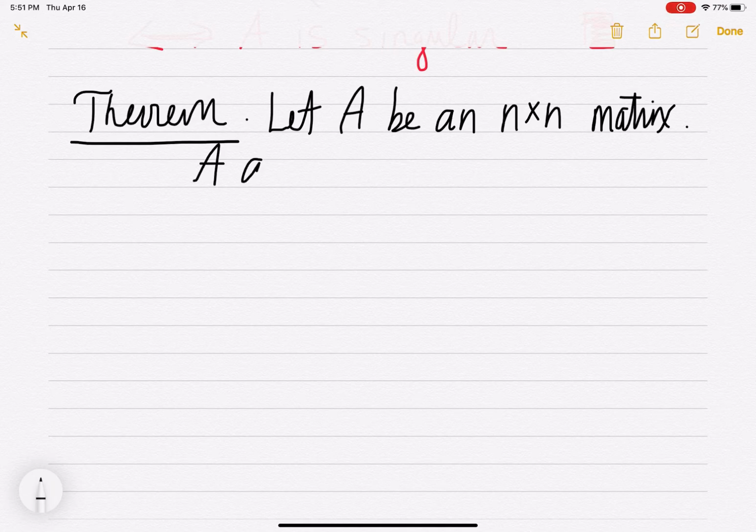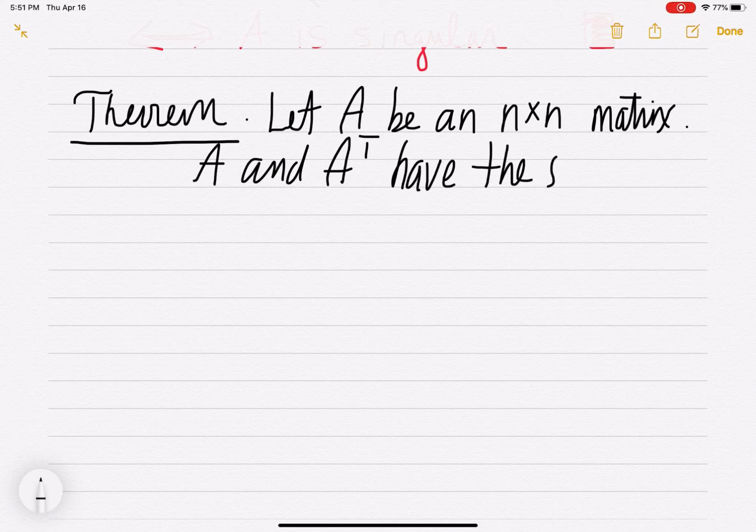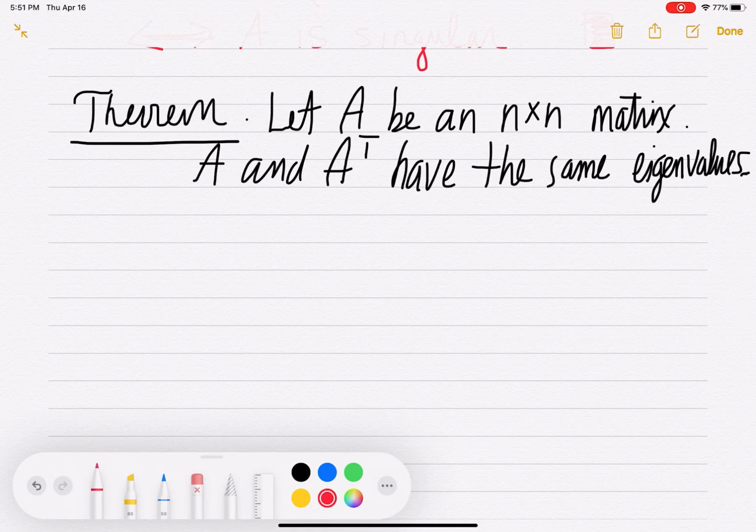A and A transpose have the same eigenvalues. Every square matrix and its transpose will have the same exact eigenvalues. Let's prove this.